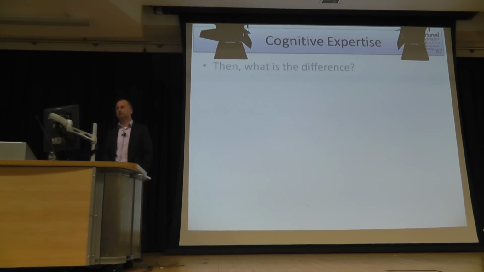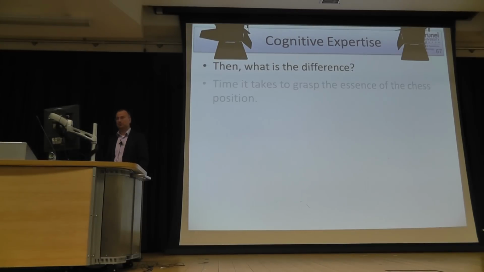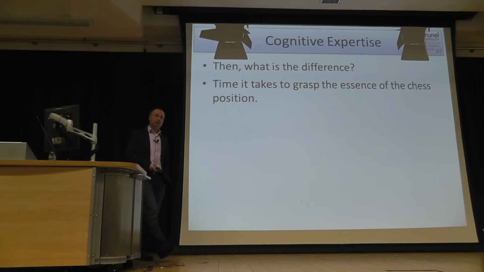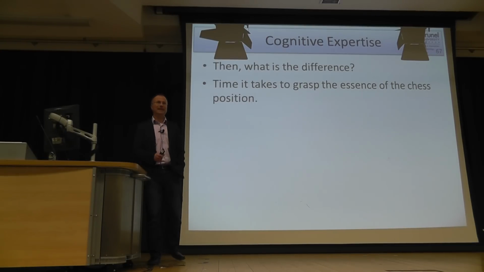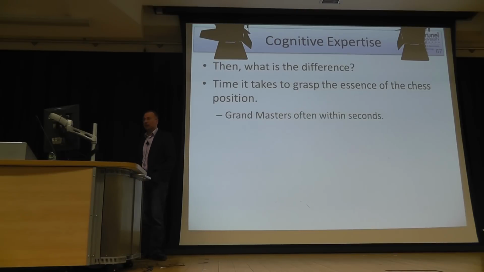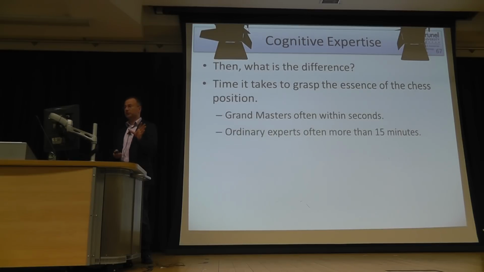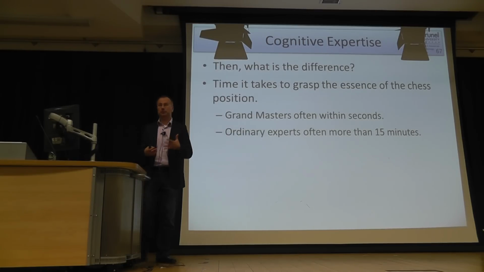So how can that be? What's the difference? And one difference he found is the time it takes them to grasp the essence of a chess position. So grandmasters, often within seconds, they got the gist out of that, so to say. And within seconds, they often had a better representation and a better idea of the crucial elements of a position as ordinary experts had after 15 minutes.